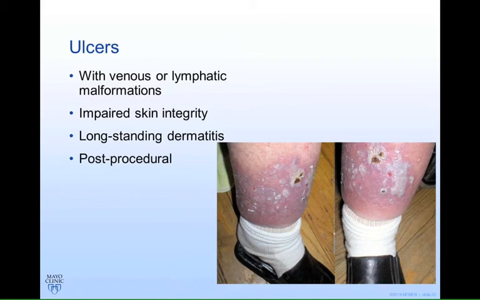You can also see a lot of ulcers in the post-procedure setting, whether it's surgery or sclerotherapy. So that's a time for really proactively keeping on top of skin care and wound care in the post-procedure setting. We do often work with our wound care clinic for specific dressings and ideas on how to either treat ulcers or to prevent ulcers if someone's more prone to ulceration.